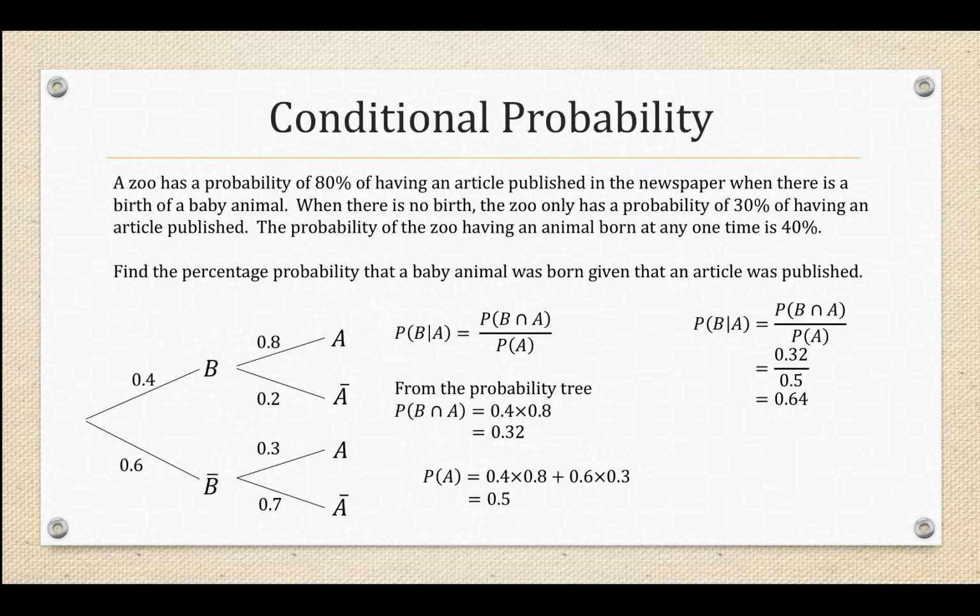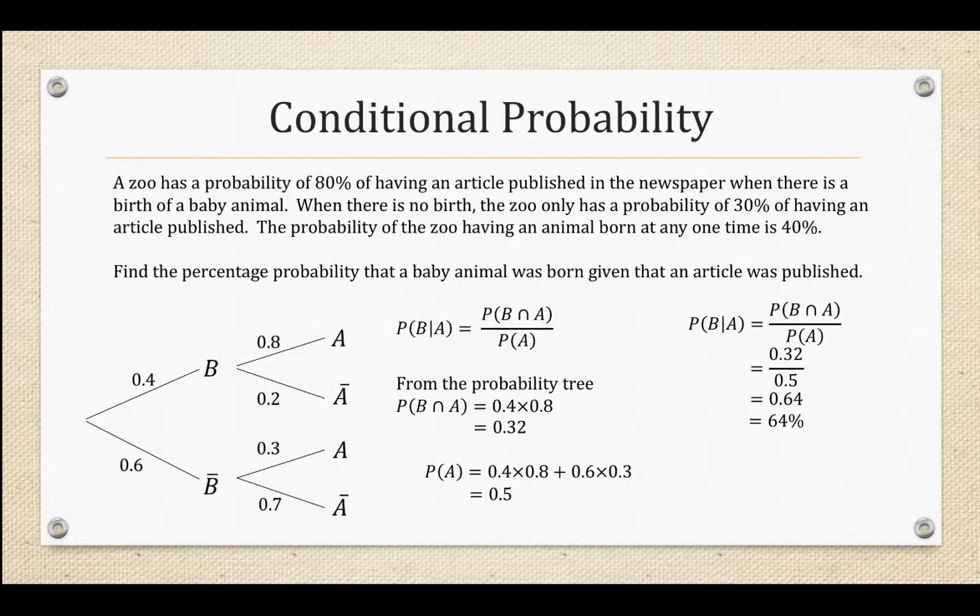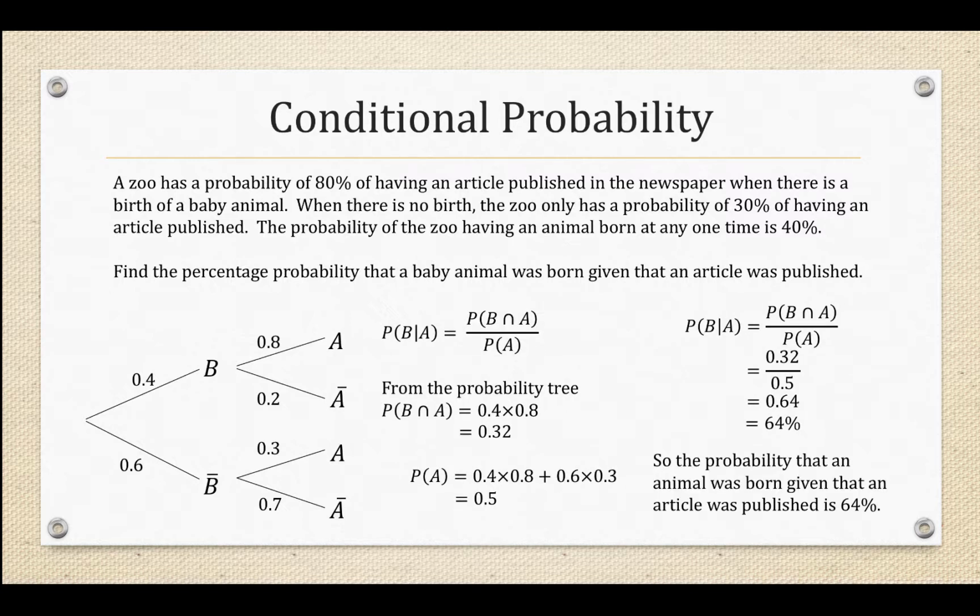We need to write that as a percentage because the question asks us to find the percentage probability. So that will give us 64%. So the probability that an animal was born, given that an article was published, is 64%. I hope you found this helpful.